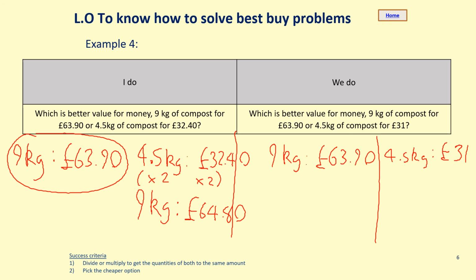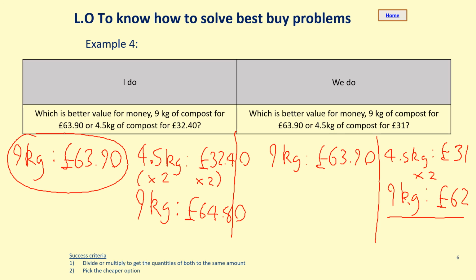And again, 4.5 is half of 9, so just double the second one. That way we can compare 9 kg quantities directly, and timesing this by 2, 31 times 2 gives me 62, and we can see that this second deal is cheaper in this case. So really well done if you got that one right.